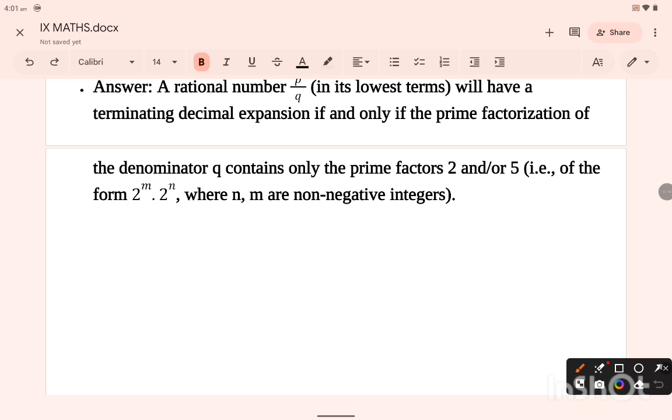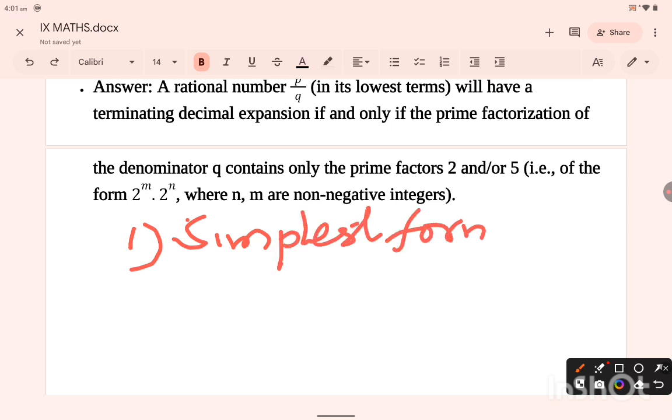Here we have two conditions. First one, the fraction should be in the simplest form. Second one, the prime factorization of the denominator is in the form of 2 to the power of m into 5 to the power of n, where m, n are non-negative integers.